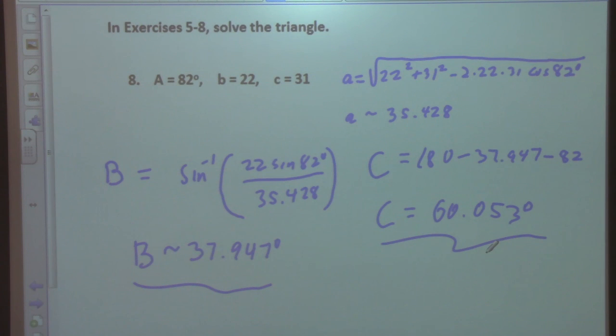Oh, we already did it? Yeah, so that'll be all the exercises here. Just to make sure that those answers are right, which I think they are. I got 37.9, yep. 60.1, yep. 30, yep, everything looks good. Good job. We'll just leave it there today. We're done a little bit early.